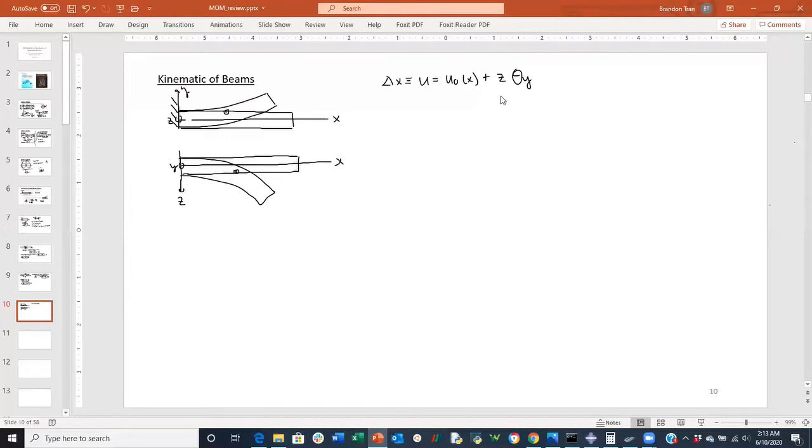But many of you will realize that this has a positive here. Well, it moves back in the negative direction, so we normally would put negative z times delta y. But here's the thing: we're analyzing this point right here, some z direction, but the beam is bending.